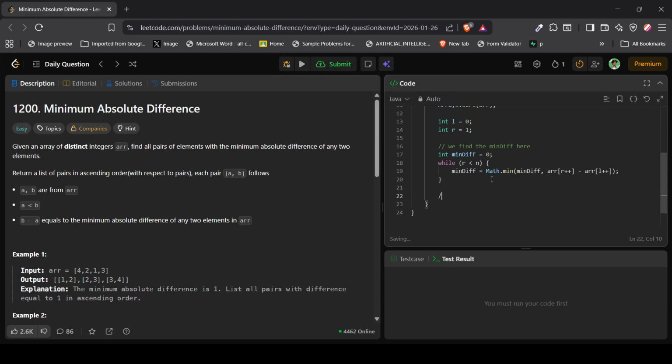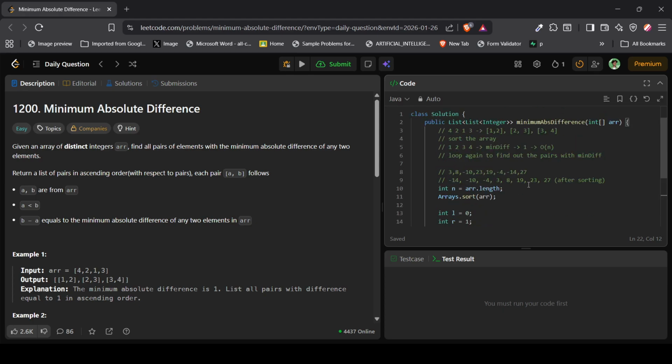Now here, okay, so you have to create one more list of list of integer that will be basically storing the result.